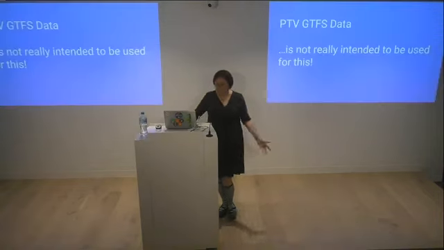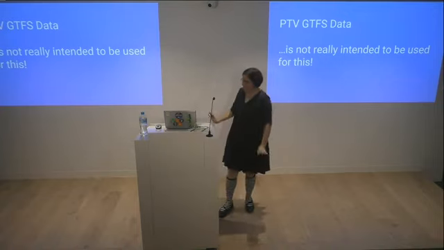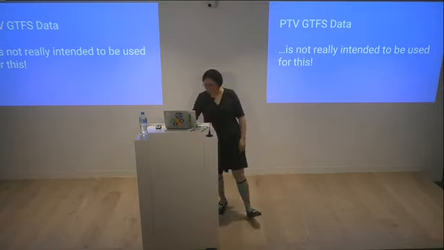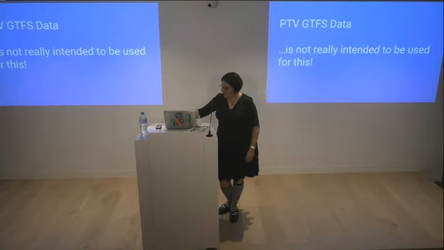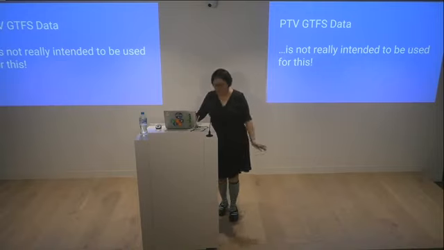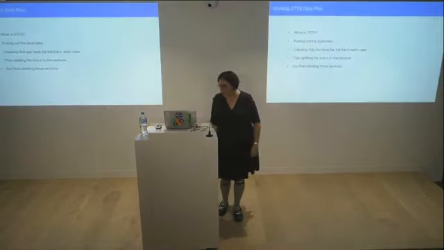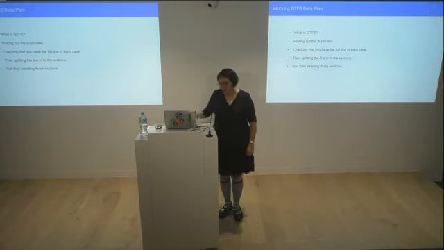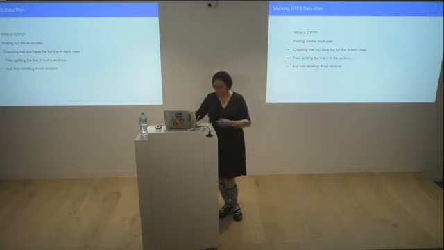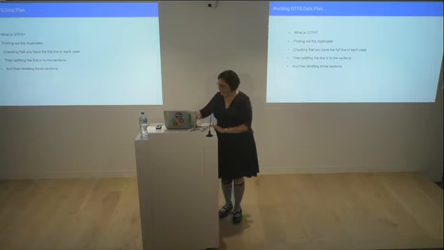GTFS data is not really intended to be used for this, so it was a bit tricky. Most of the talk is about the things you need to fix about GTFS to actually use it. On GTFS, I'll mention what it is, picking out duplicates, checking that you have the full line, splitting the line into those sections, and then labelling those sections. Don't worry, I won't go into detail.